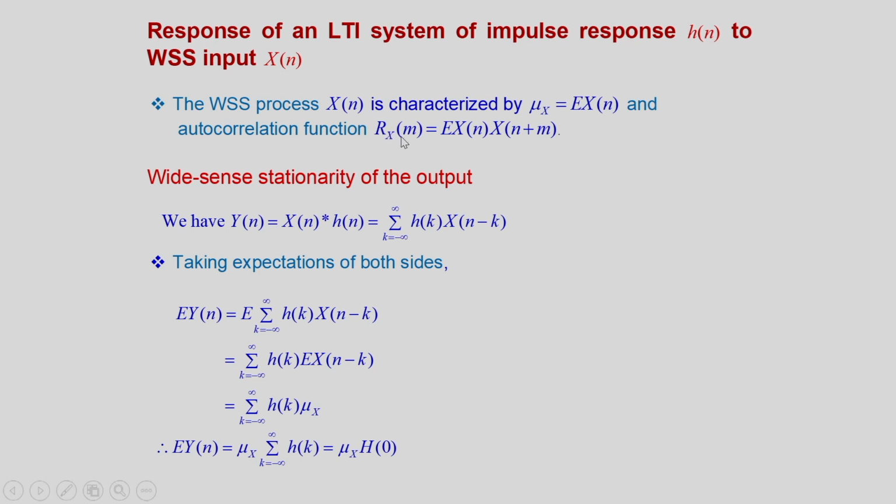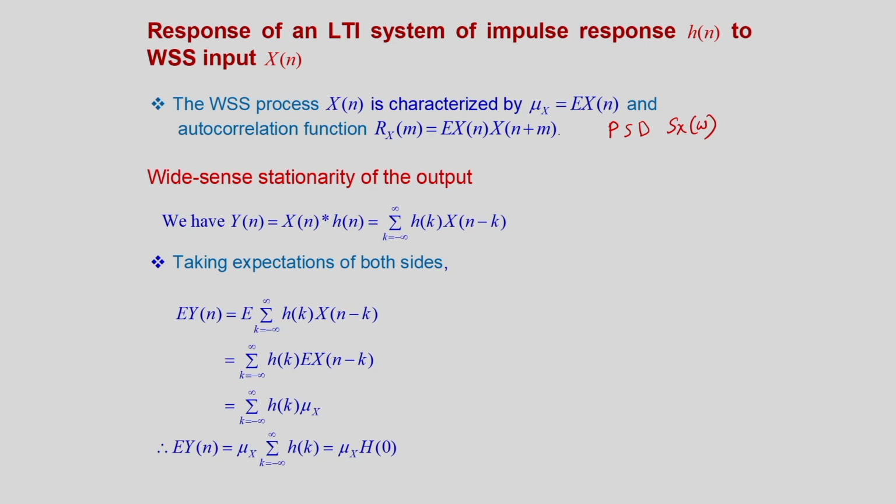And also we can characterize, because the autocorrelation function has the Fourier transform power spectral density, the WSS process in terms of power spectral density Sx omega, PSD Sx omega. So, these are the quantities which characterize a WSS random process: mean mu x, autocorrelation Rx of m, and PSD Sx omega.